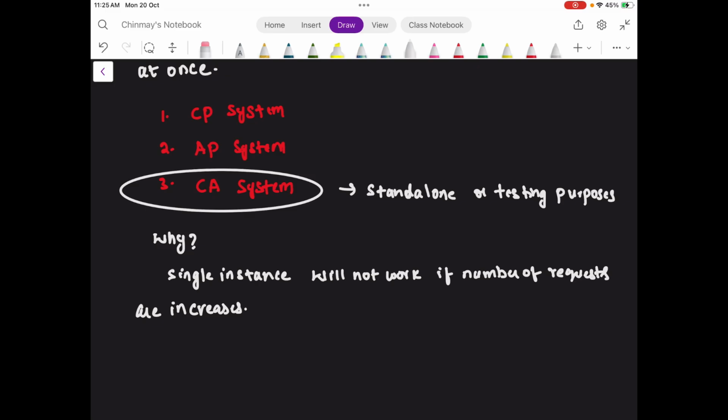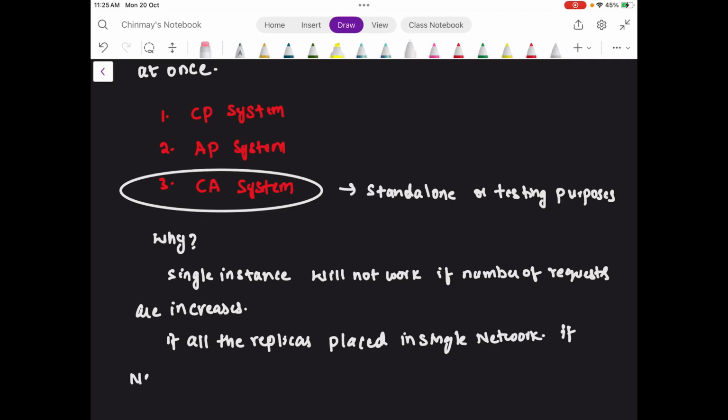If all the replicas are placed in a single network and the network goes down, what happens? All replicas are going to be down.